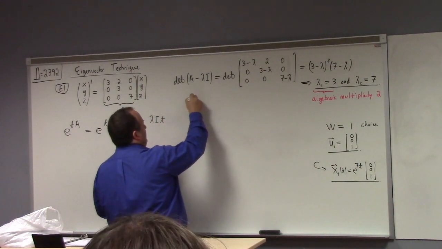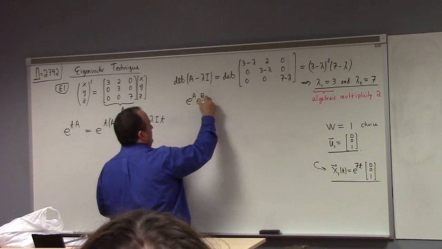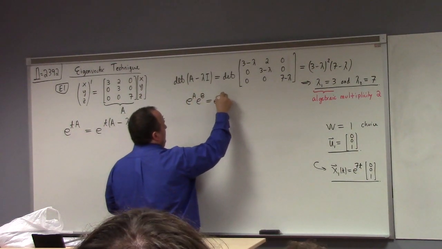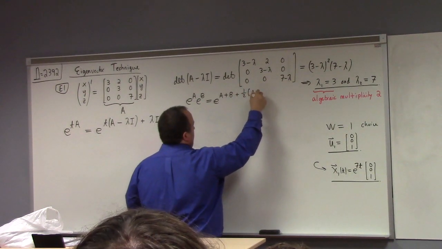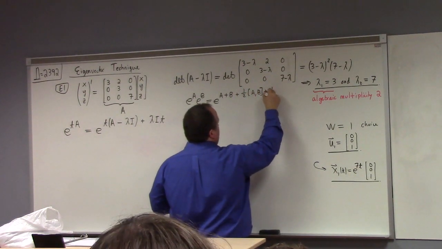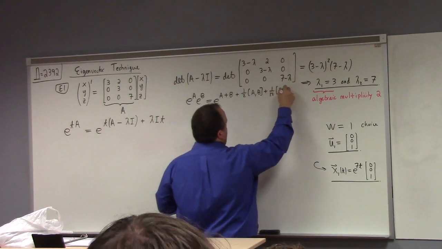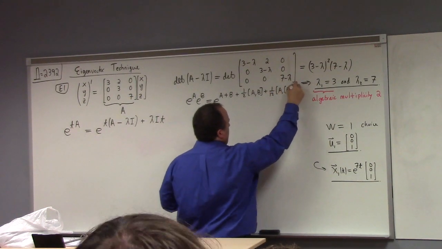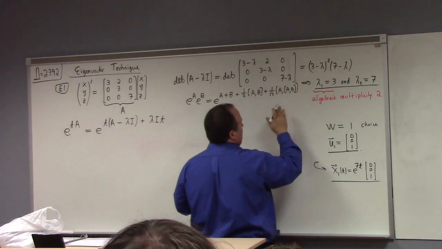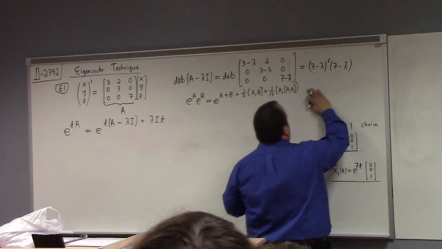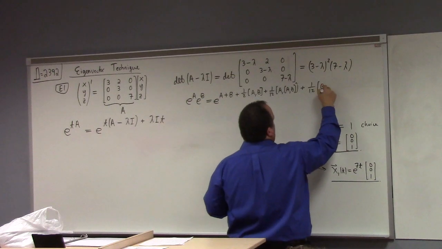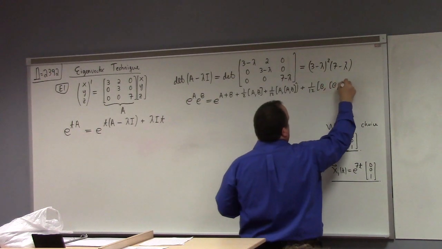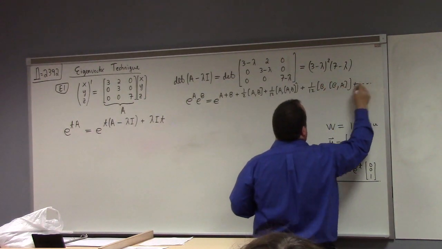If we do e to the A times e to the B, it turns out that that's equal to e to the A plus B plus 1/2 the commutator of A and B plus 1/12 the commutator of A with the commutator of A and B, plus 1/12 the commutator of B with the commutator of B and A, plus dot dot dot.